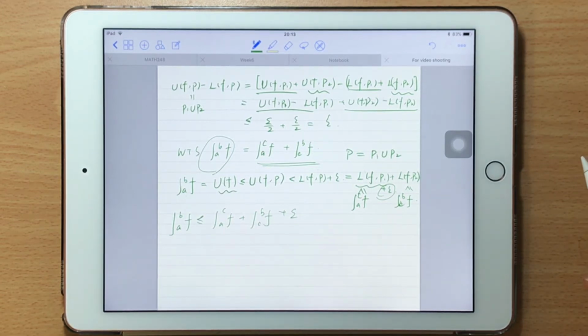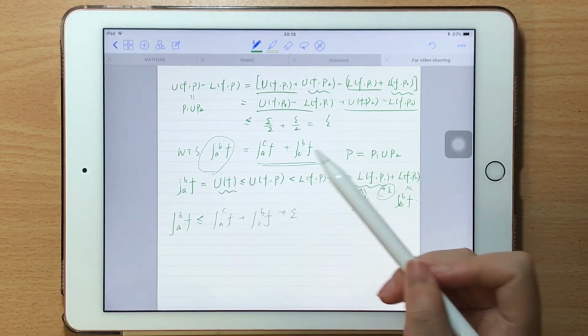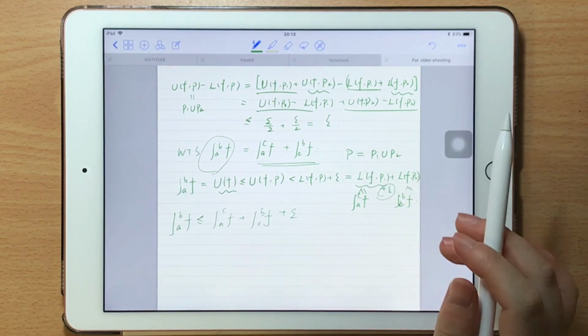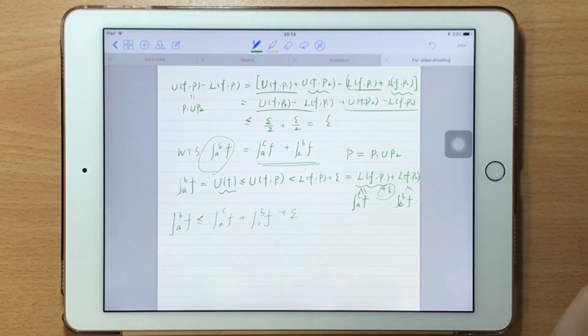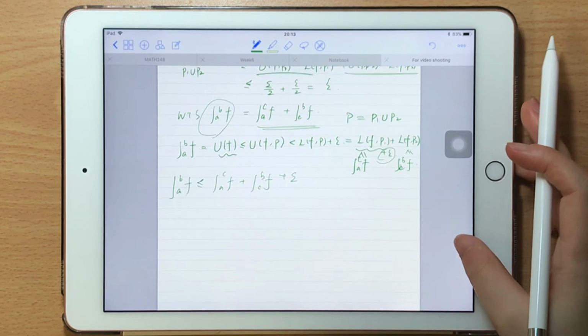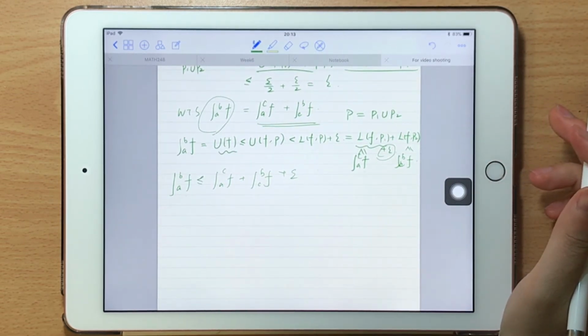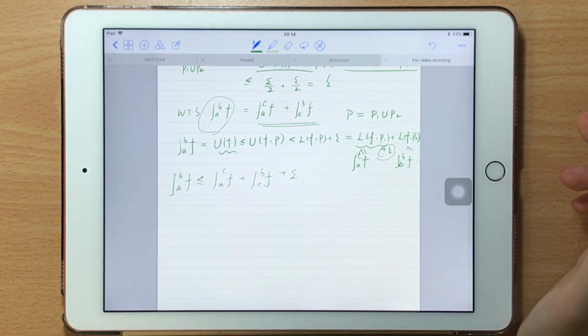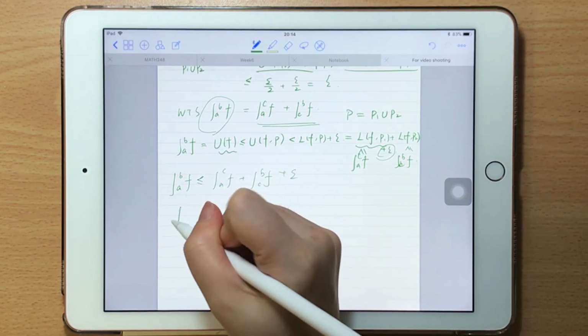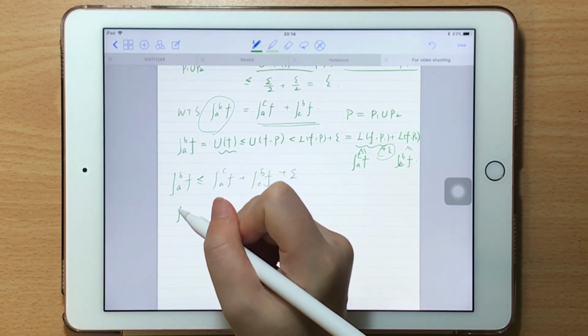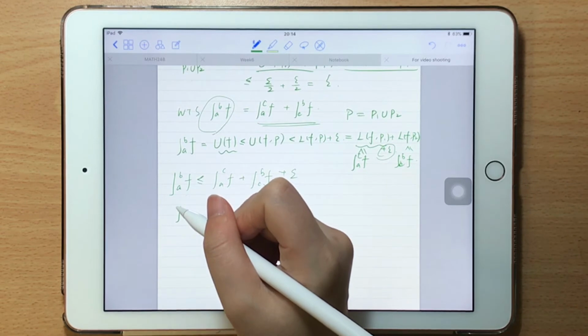Okay, and so the next step is that we want to show that the left hand side is larger or equal to the right hand side. And the tricky thing is that here we don't actually show that the left hand side is larger than the right hand side. It's the equivalent thing, but we actually show that the right hand side is smaller or equal to the left hand side. It's actually the same.